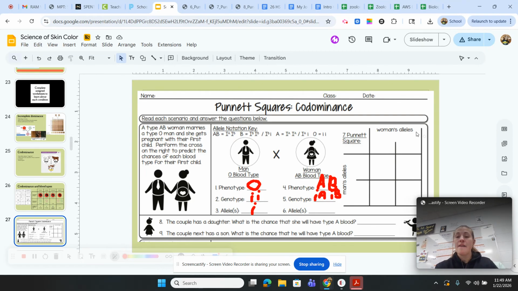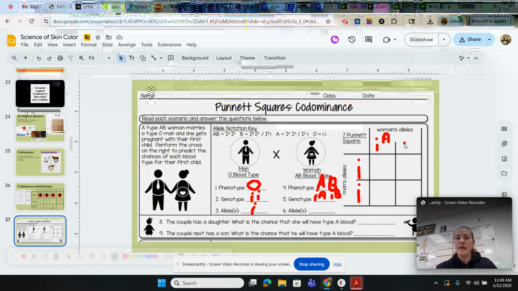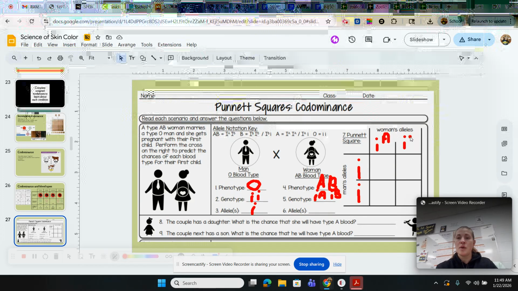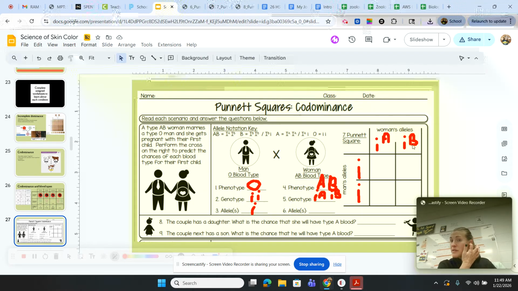Okay? Filling this into the Punnett square, the man's alleles are pretty easy, just two lowercase i's. For the woman's alleles, we have to make sure that this I^A travels together as a unit, as well as the I^B. So that is all the same thing, even though it's two letters.